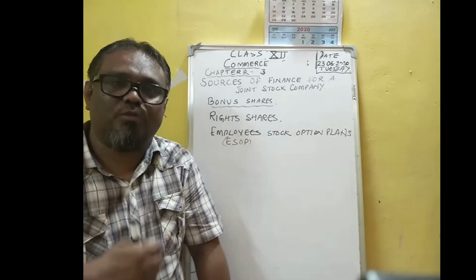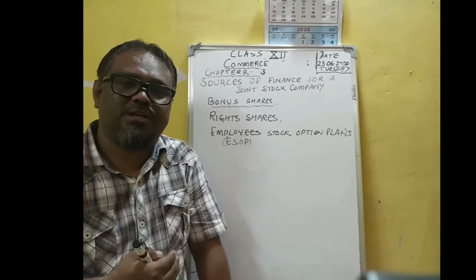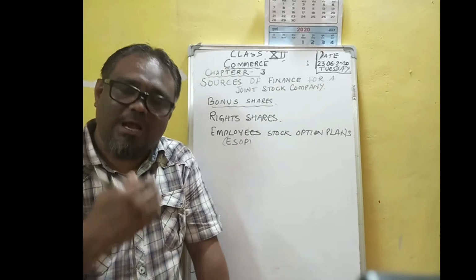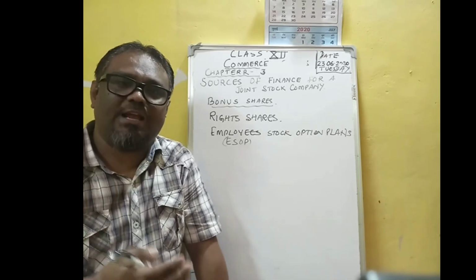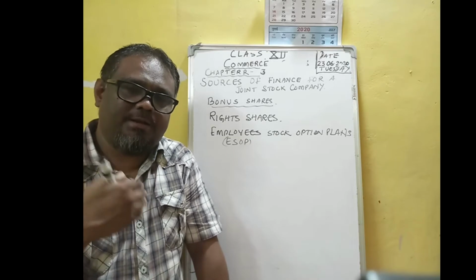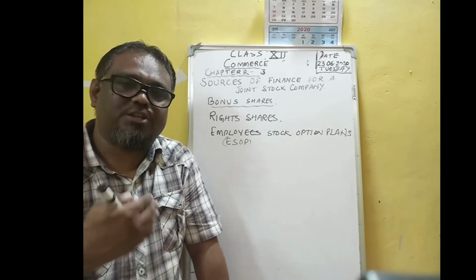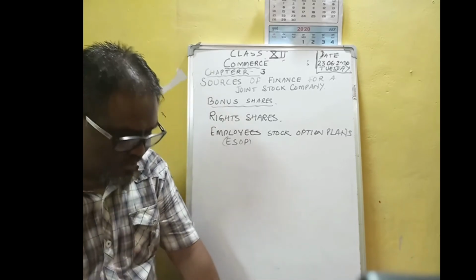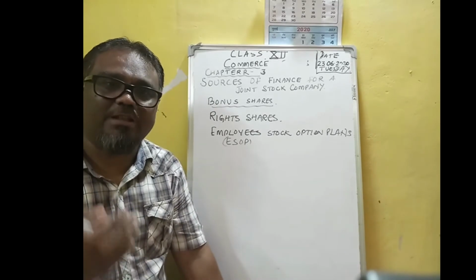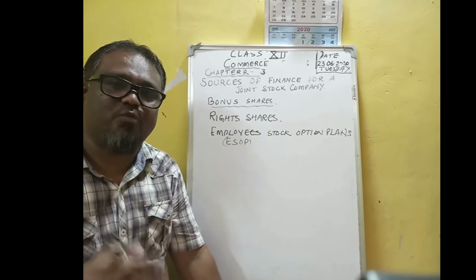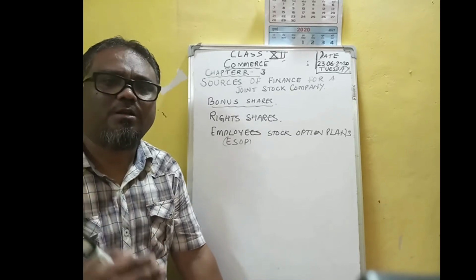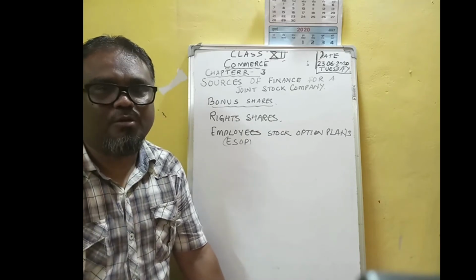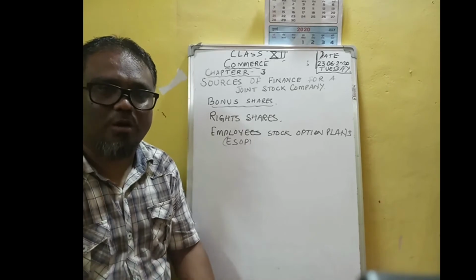That means those who buy the shares may pay the money at a time, or in installments, or through deduction from the salary every month. So this is the employees stock option plan.